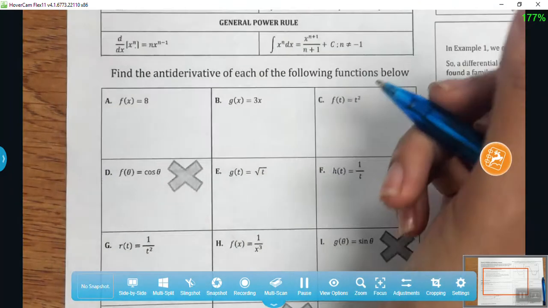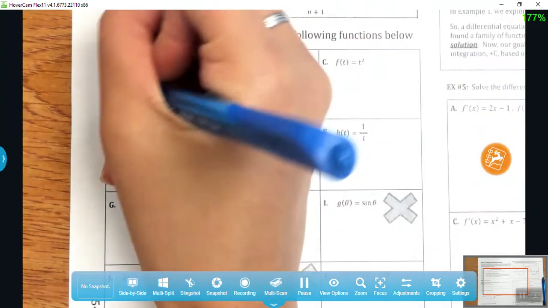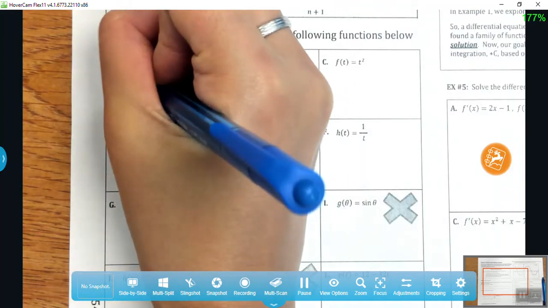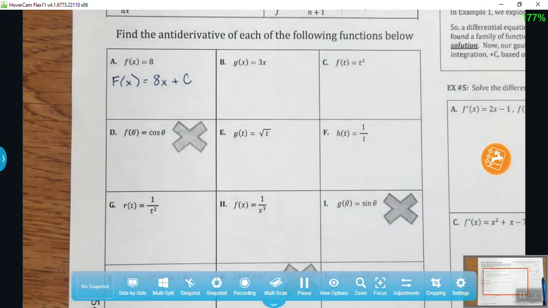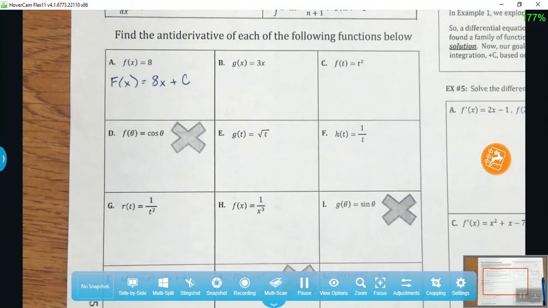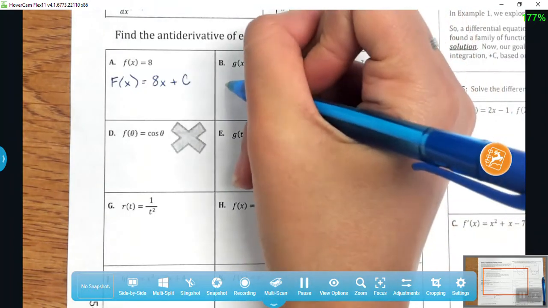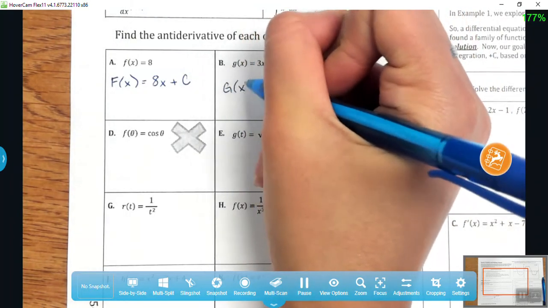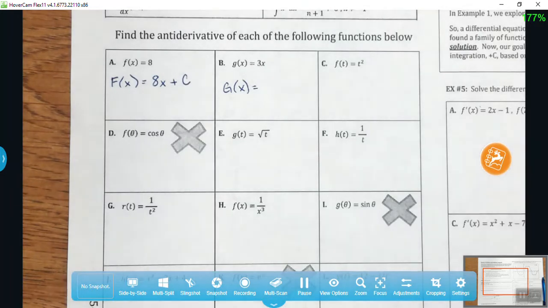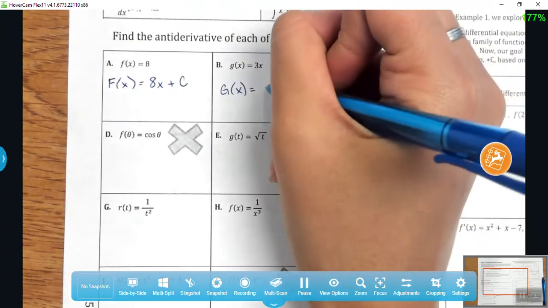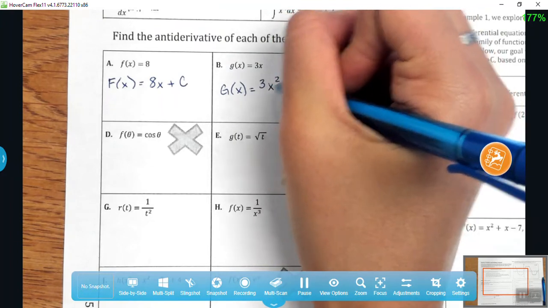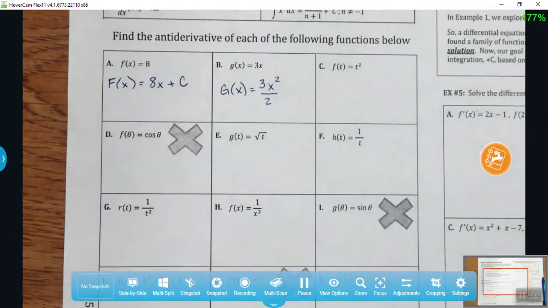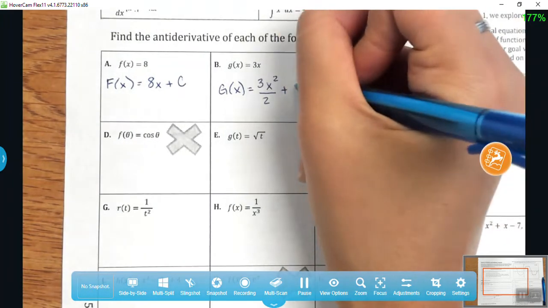Let's find antiderivatives of each of the following. So capital F of x is 8x plus c. We need the whole set. G of x equals 3x, so capital G of x equals: we add 1 to the exponent, so we make it 3x squared, and divide by my new exponent, over 2, plus c.